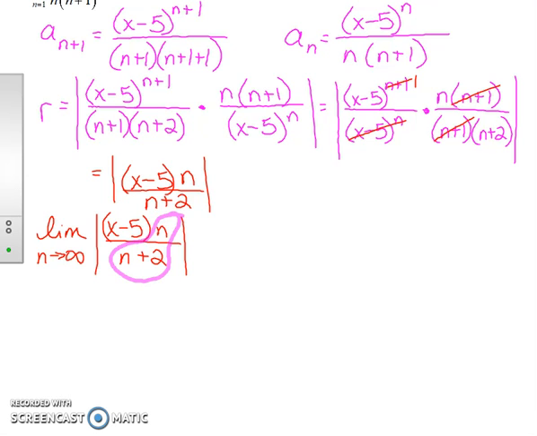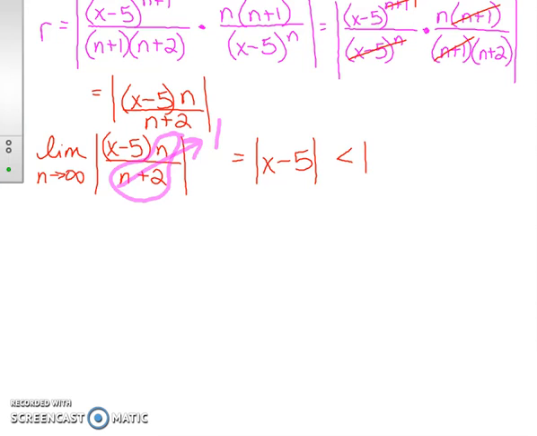So this portion that I just highlighted, that limit as n goes to infinity is 1. So this ends up just being the absolute value of x minus 5. So that's your common ratio as n goes to infinity, and that is what we want to be less than 1.